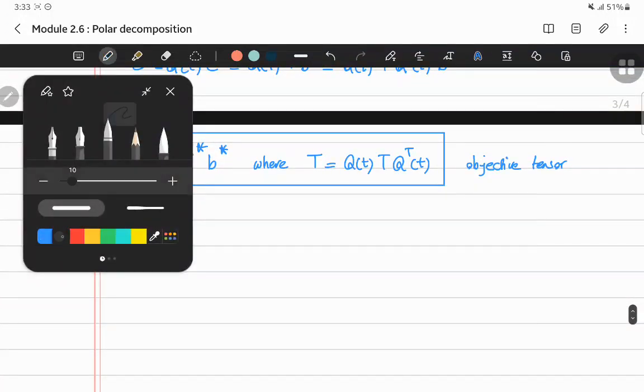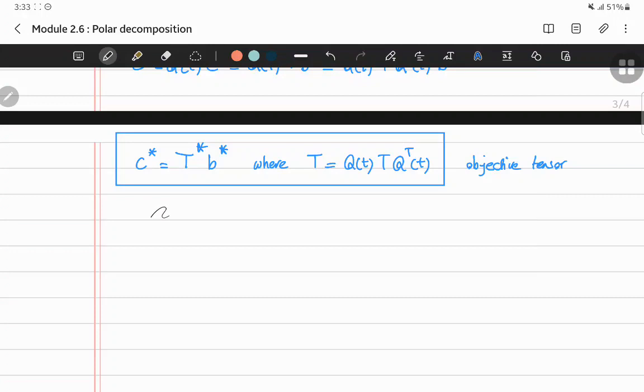You can see that if we had T prime, it was Q transpose T Q. It is similar to this equation in here. So we have this, let's say, transformation law for the tensors.